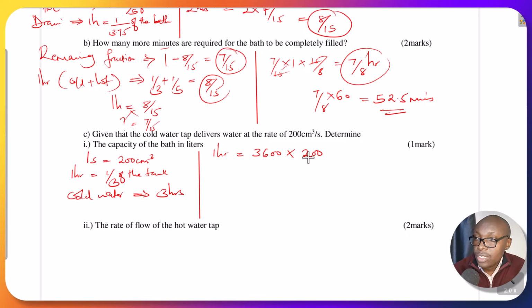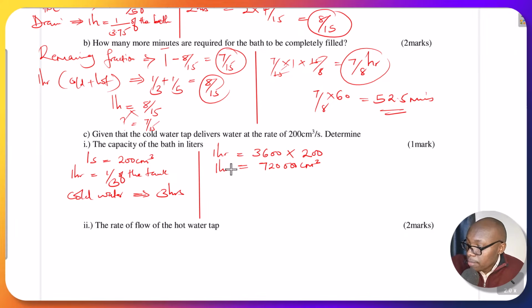In 1 hour, we simply multiply 200 by 3,600, because 1 hour is equivalent to 3,600 seconds. When you multiply 3,600 times 200, this will give 720,000 centimeters cubed. That is in 1 hour.